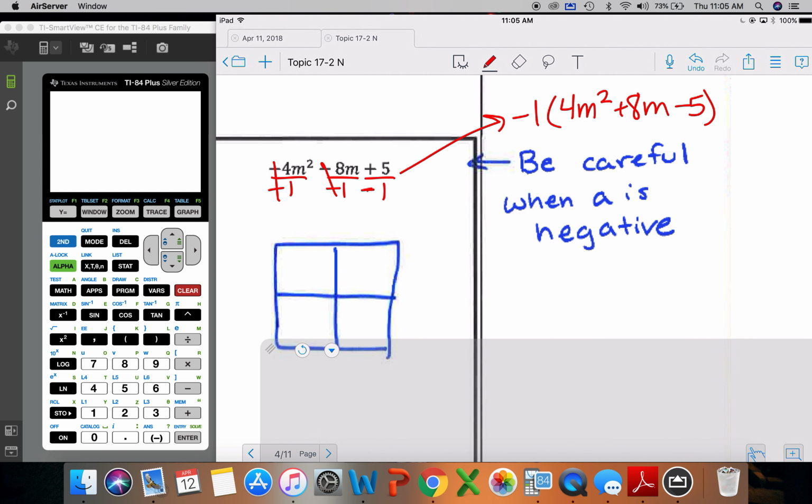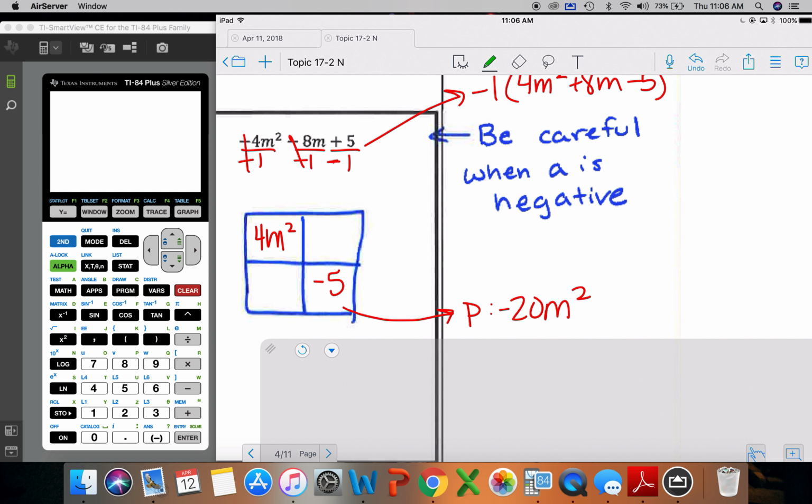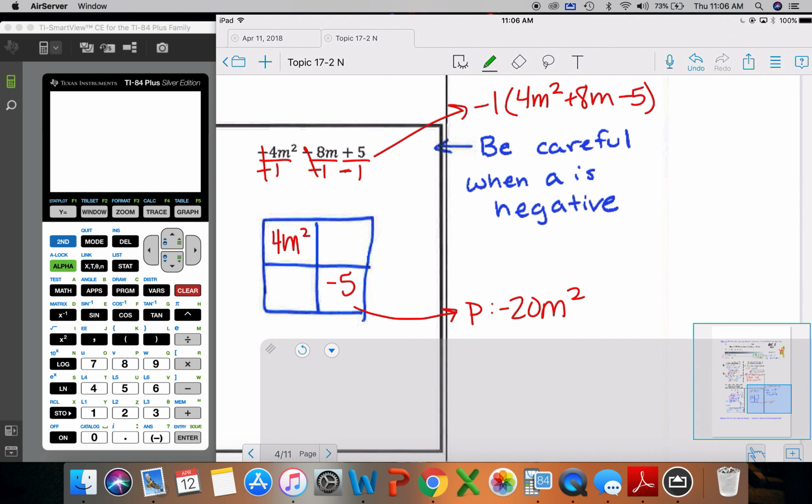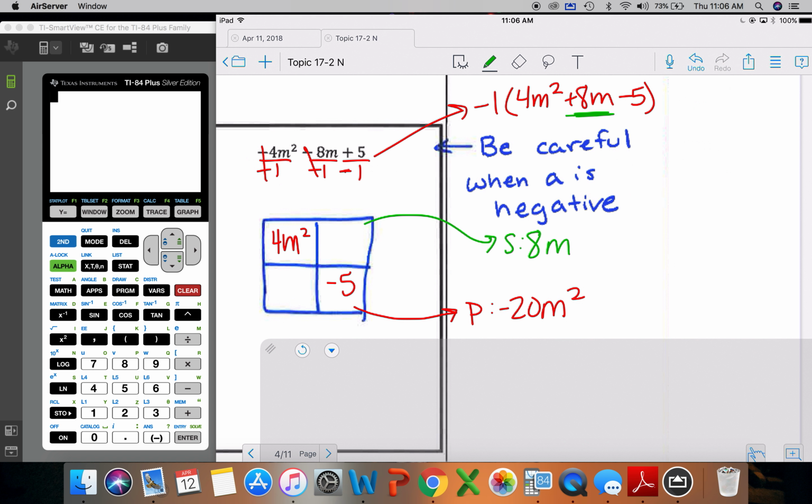So in my box, I put my first term and my last term. I multiply those for my product of -20 m squared. My sum is the part not listed in my box, and remember we're only using the parentheses.